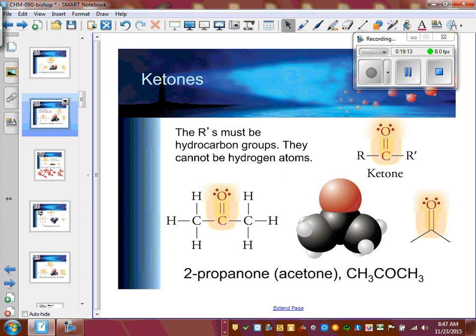If you have two R groups, and they could be the same or different, that's what that R prime stands for, separated by a carbon-oxygen double bond, you have a ketone.